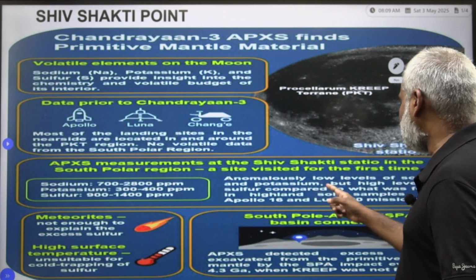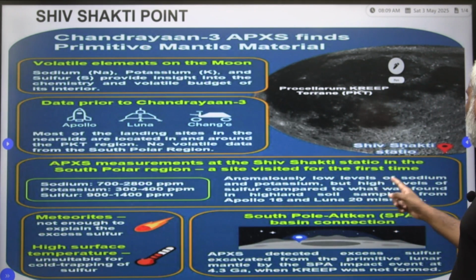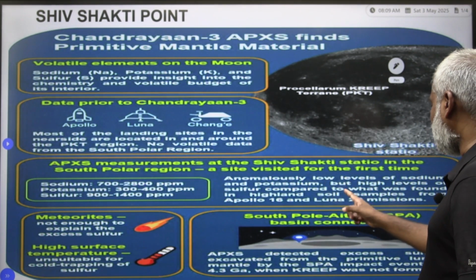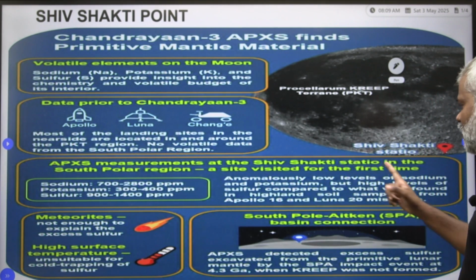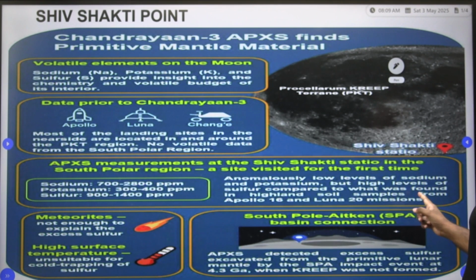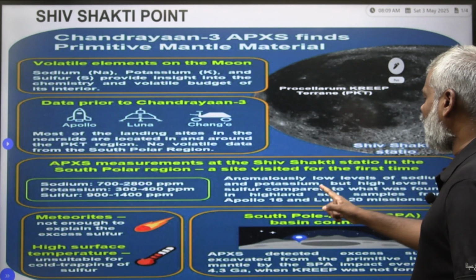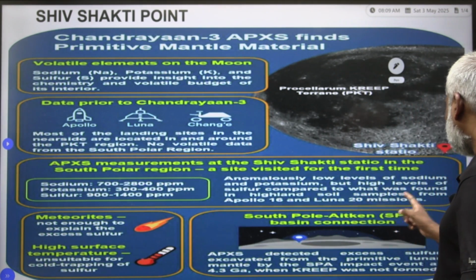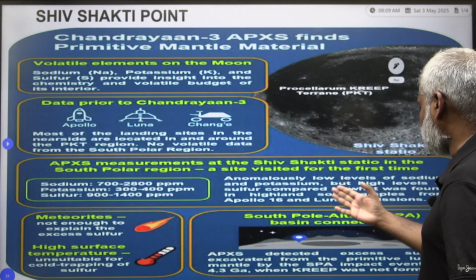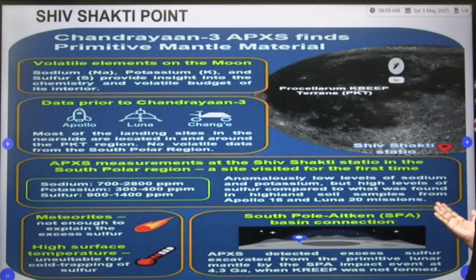Anomalously, you have to note low levels of sodium and potassium, but high levels of sulfur, compared to what was found in highland soil samples from the Apollo 16 and Luna 20 missions.